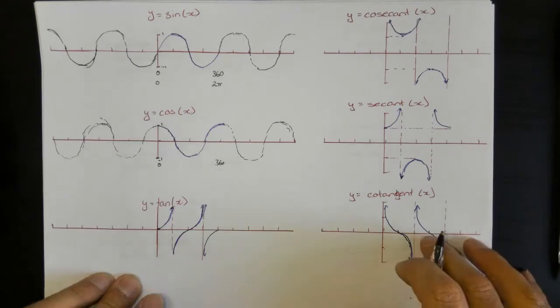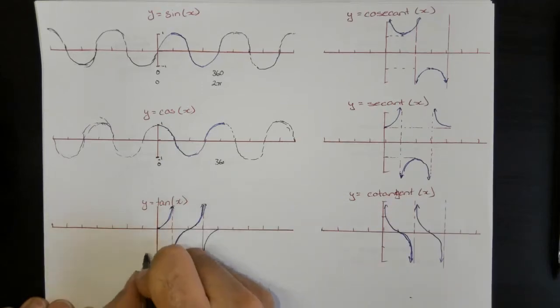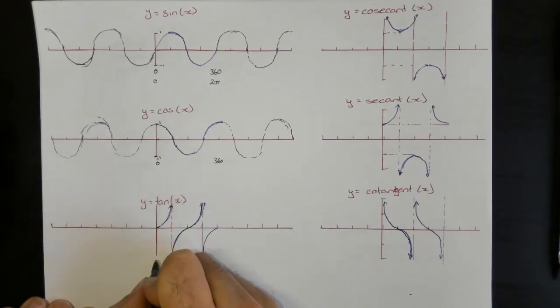Next, y equals tan of x. Same thing, but it has a range from negative infinity to infinity.